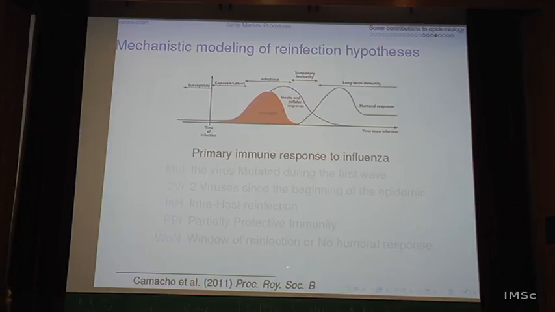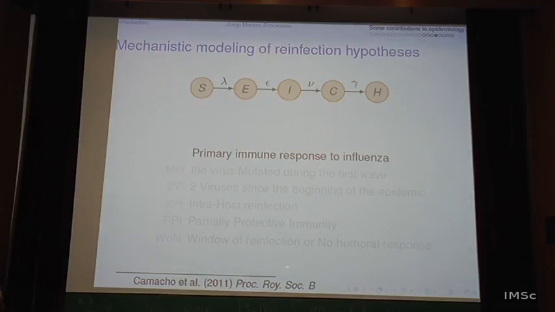So we're going to consider a temporary immunity, until the completion of the cellular response, and long-term immunity, which corresponds to when the antibody reaches a level high enough to be protective. So that's what we call SEICH, cellular humoral response.